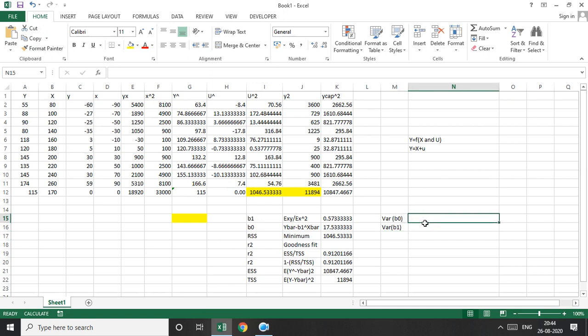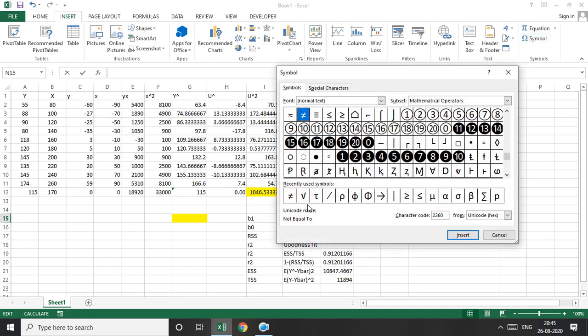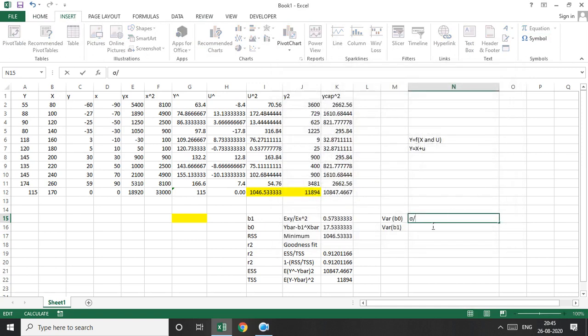So how can we find out the variance of beta 0 and beta 1? It is very simple. There is an equation for that: small sigma square divided by sigma small x square.